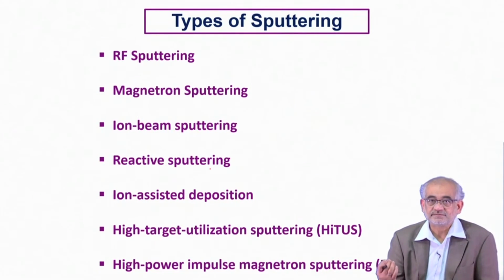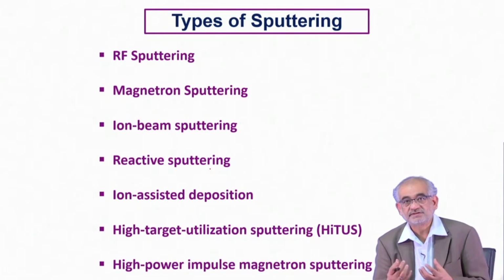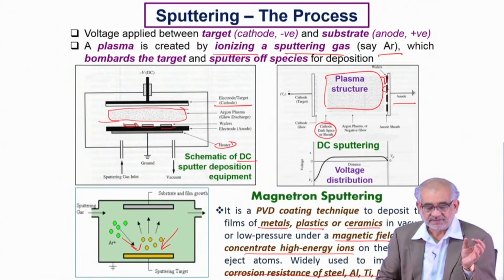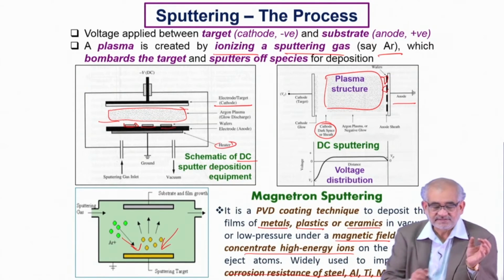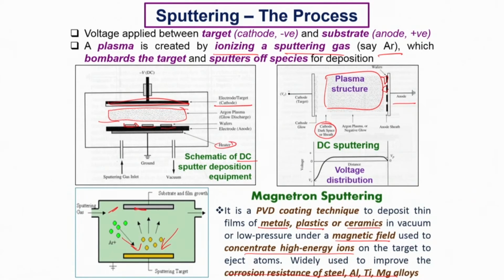And we actually can deposit multi-layers, or we can have multiple compositions, or we need not use the same target. We can use multiple targets. For example, in situations like this, instead of having a single target covering the entire area, we can have multiple targets here, and we can use the pulses.